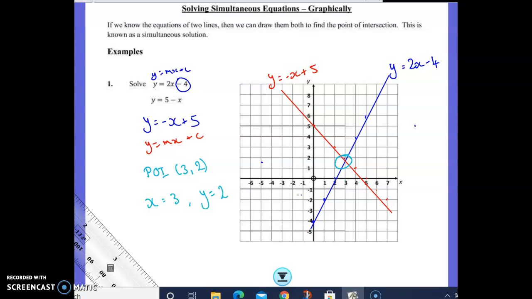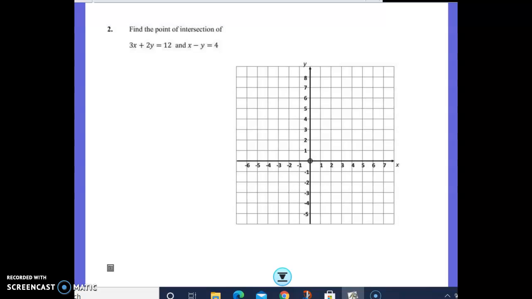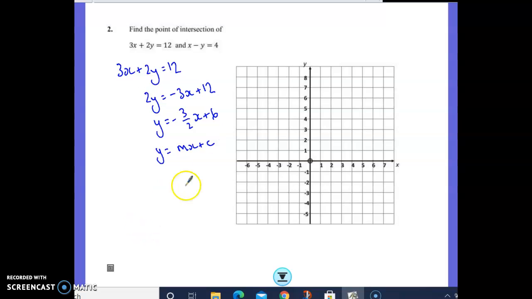Okay, let's try another one. First one, I've got 3x plus 2y equals 12. So 2y is minus 3x plus 12. So y is minus 3 over 2 x plus 6. Don't worry too much about this part. I'm not overly interested in you drawing these lines. Comparing that to y equals mx plus c, that means I'm starting here at 6. I've got a gradient of minus 3 over 2.